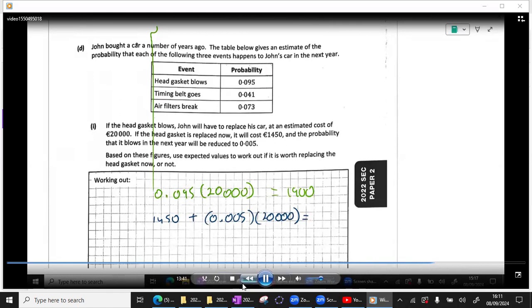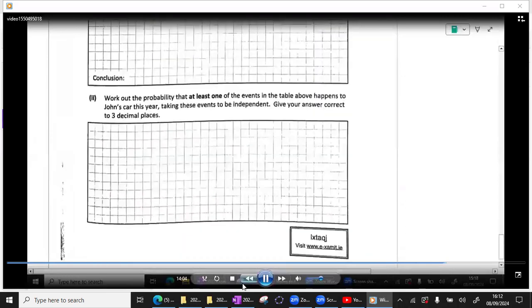So I'm just putting it into my calculator, and that's coming out at 1,550. Of course, it's still a lot of money, but the conclusion is that he should replace it now because it's cheaper to do it that way.